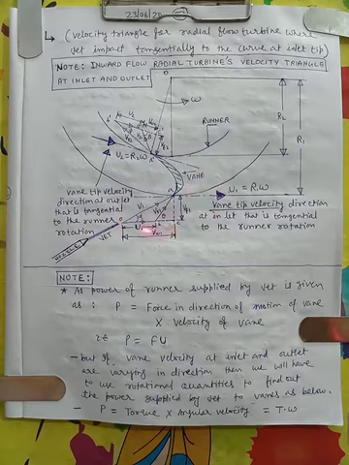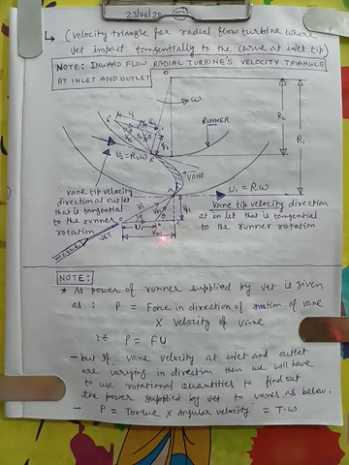This is VW1, the velocity of the jet along the tip velocity at inlet. Along U1, this is the jet velocity component of V1 along U1, VW1, velocity of whirl.